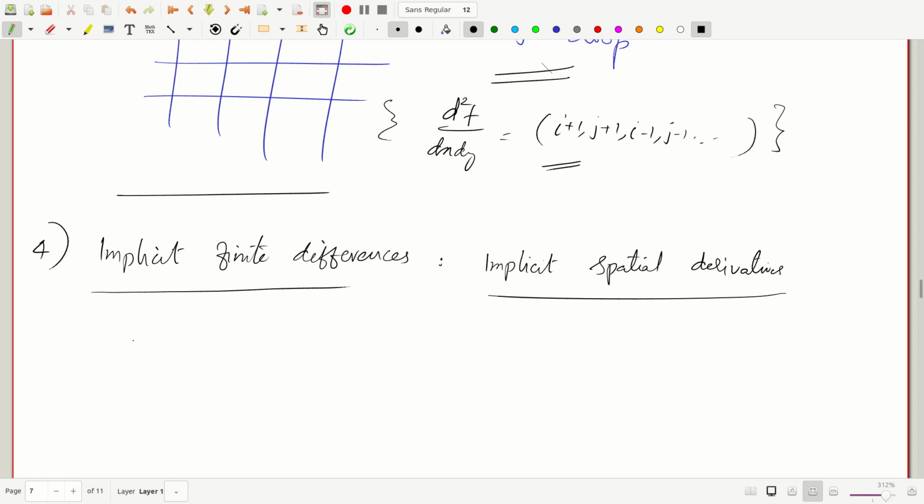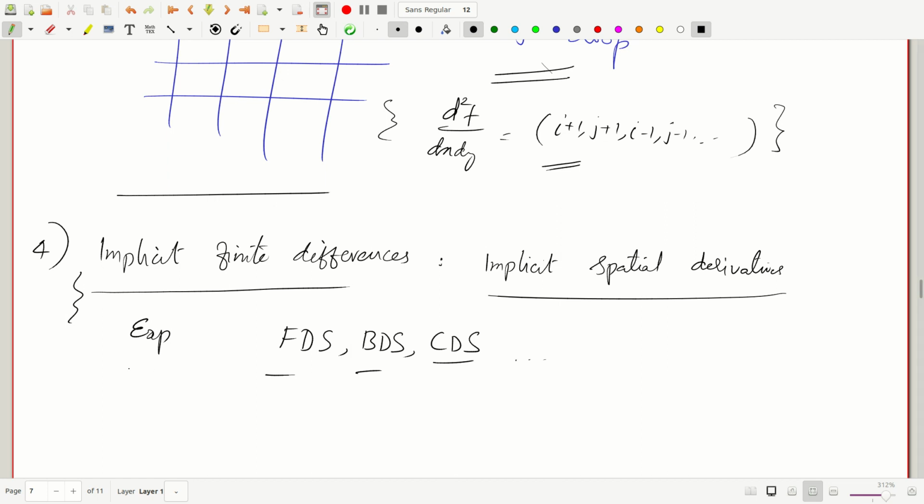That means we have, in addition to the schemes that we have studied before, which are basically the explicit first derivative schemes, the forward difference scheme, FDS, the backward difference scheme, BDS, and the central difference scheme.